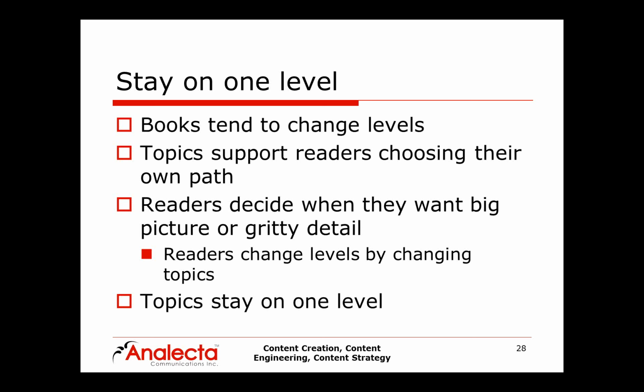I need the big picture before I go plunging into anything. It's their decision to make. And so instead of deciding for them when to change levels, we need to create an information set so that they can choose for themselves when they should change levels. And that means that we need to write each of our individual topics on one level.